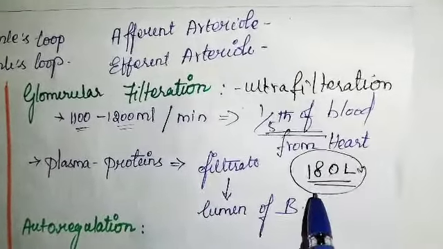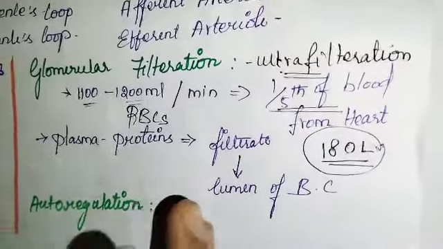And then what are the filtrate contents? They are everything except the proteins and RBCs. Okay, RBCs and proteins are not able to come through this pore.